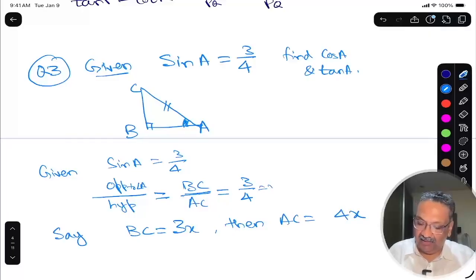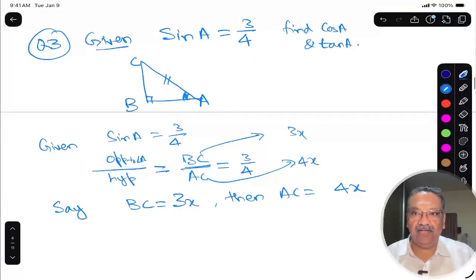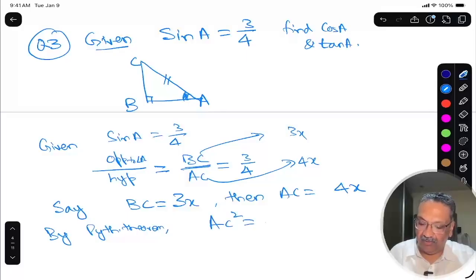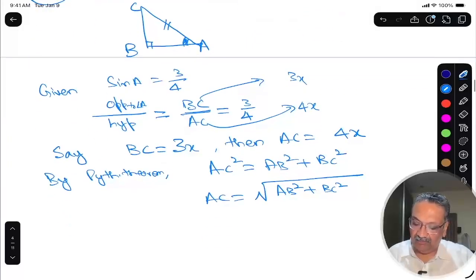Okay? If we take this as x, we get BC 3x, AC will be 4x. Now in this case, let us find AB by Pythagoras theorem. What does Pythagoras theorem say? Hypotenuse square is equal to sum of square of other two sides.